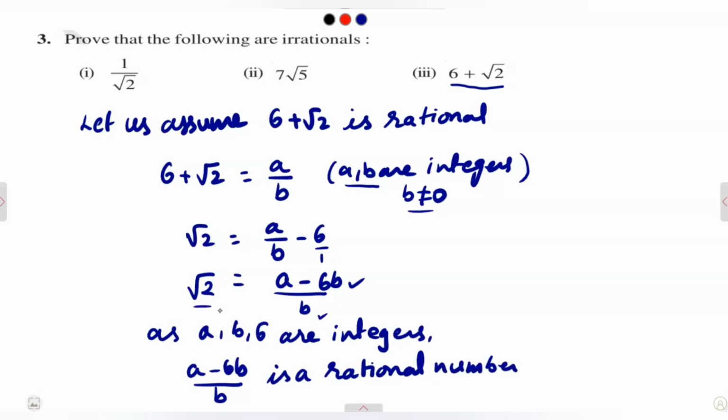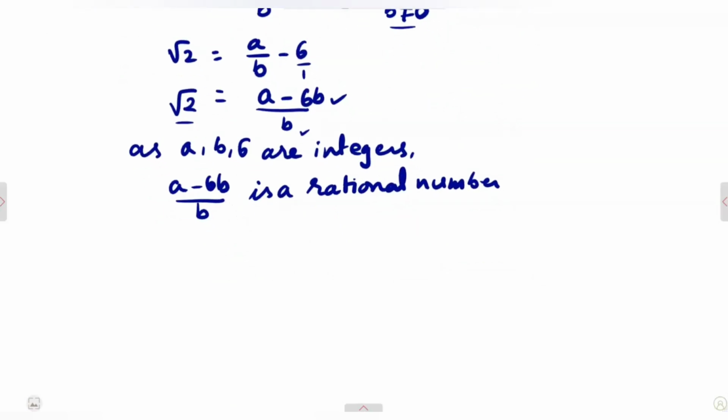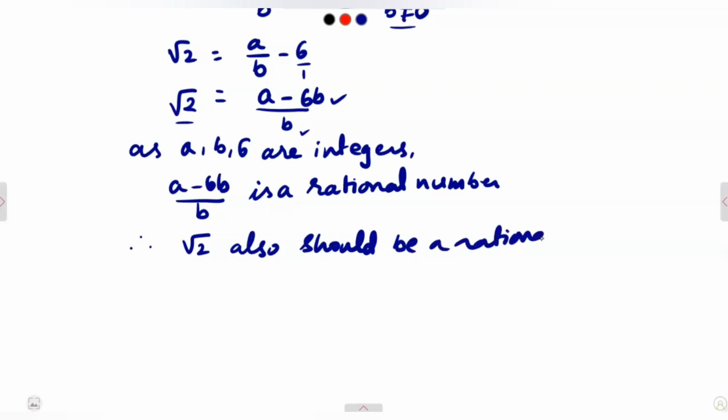This is equal to root 2. So that means root 2 is also a rational number. But we know that root 2 is not a rational number, as we proved.